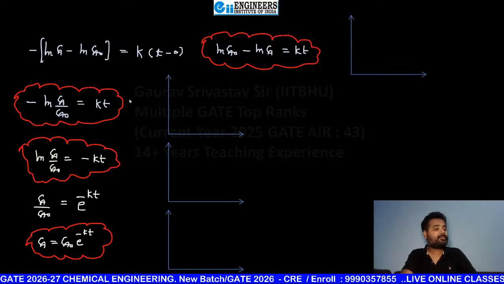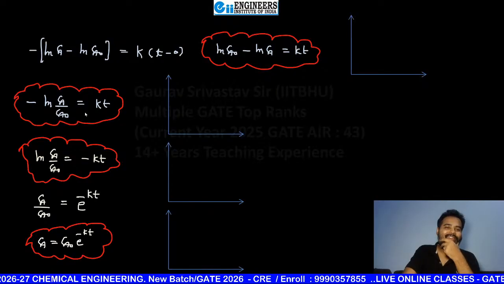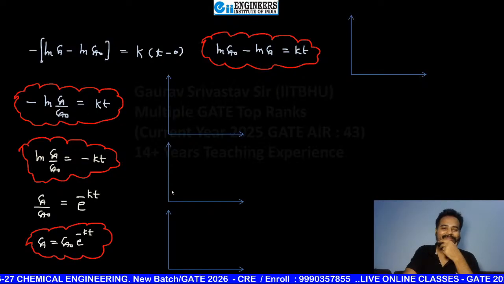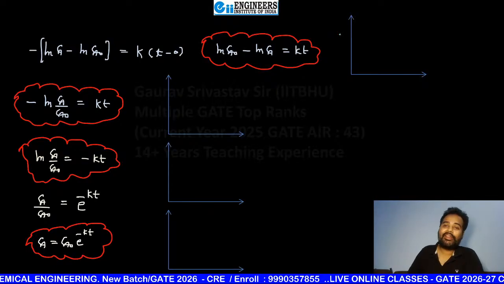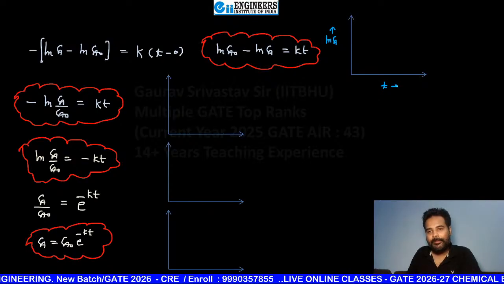चलो ग्राफ हमने भी तैयार कर लिए. 4 graphs. Sir, what we have to take on x and y axis? Good question. So here you have to take ln of Ca versus time t.